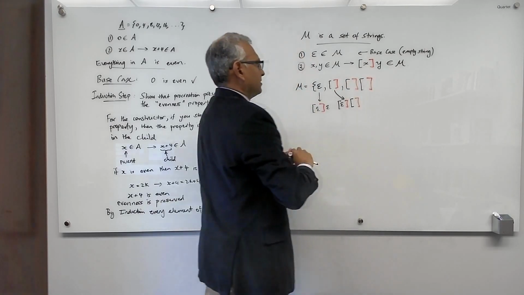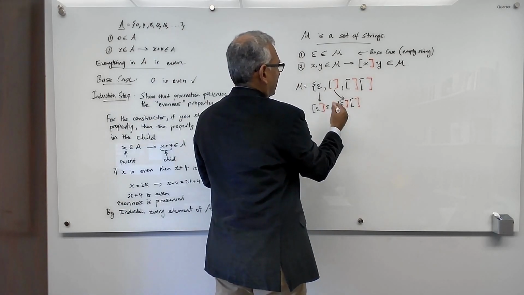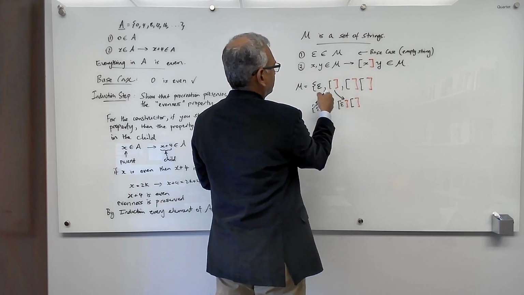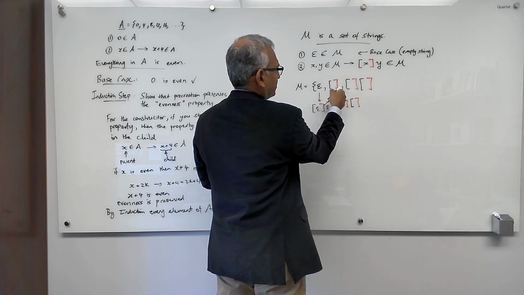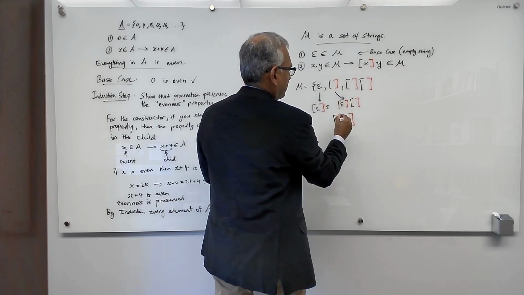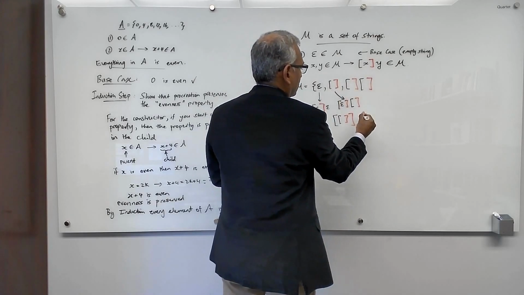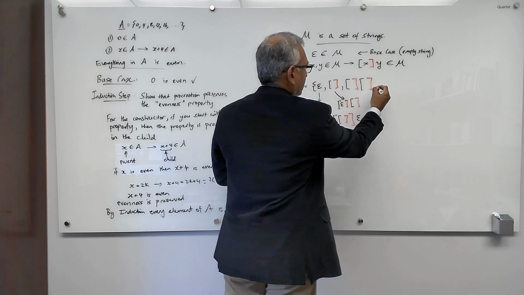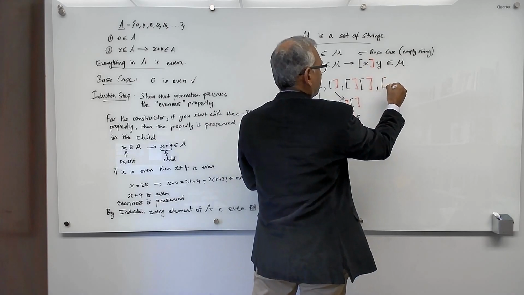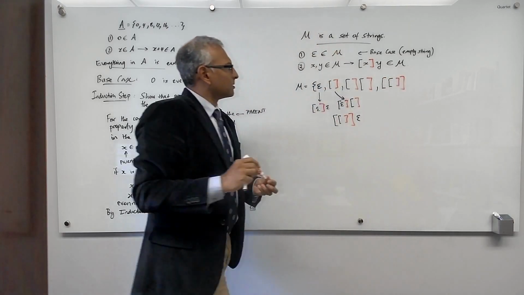Let's see what else I can construct in M. Let me use this, and instead of making X equal to epsilon, let me make X equal to this. So I'll place an open and a close around this, and let Y equal epsilon. But that's nothing, so I get another string in here: an open, and a close, and a close.